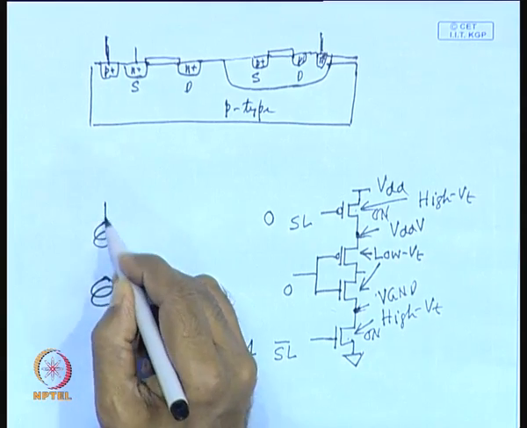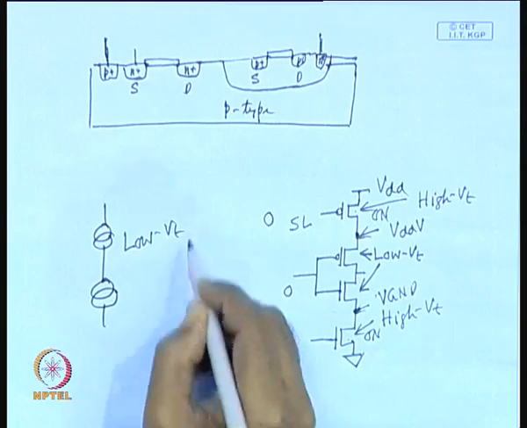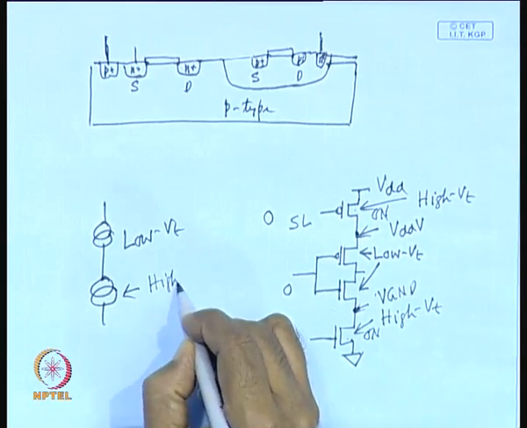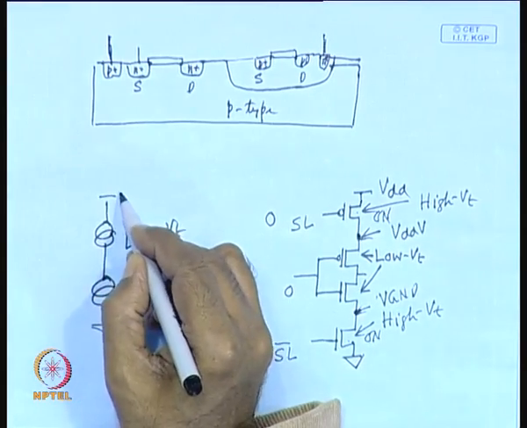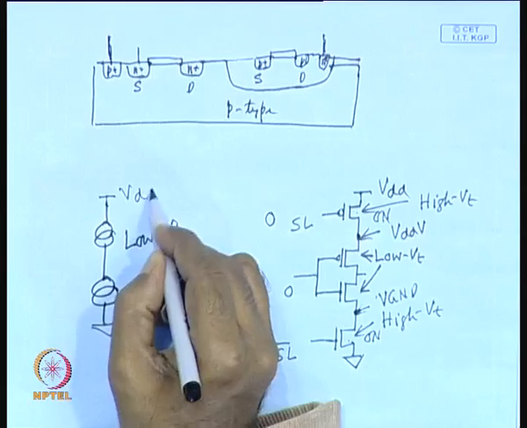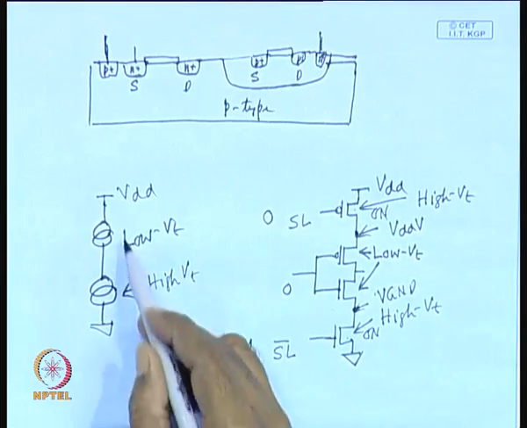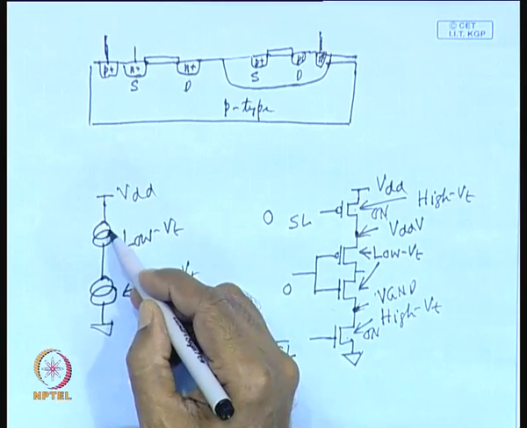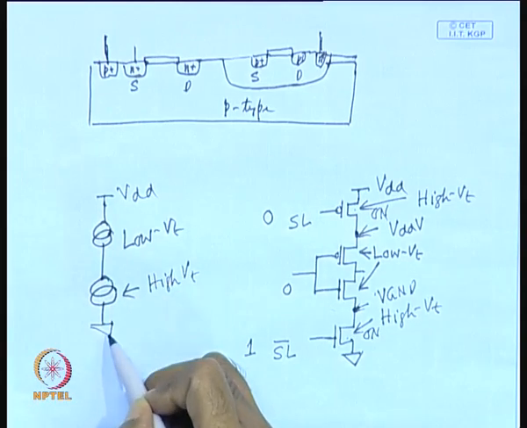So, you may say that if this is the current of the low VT transistors, and this is the current of the high VT transistors, and this is now connected to ground, this is connected to say VDD. So, the current will be dependent on the lower of the two, because they are in series, and obviously when two currents are in series, you know that the lower current will flow through this path.